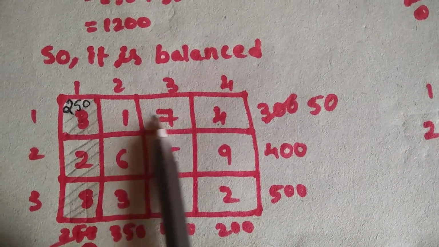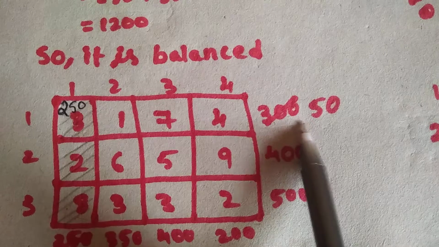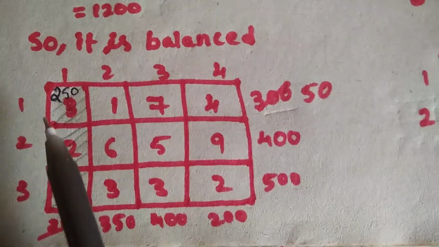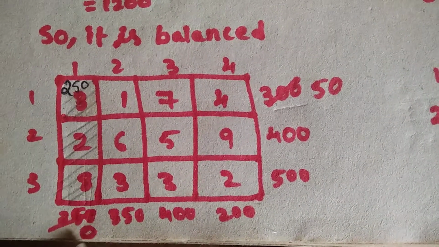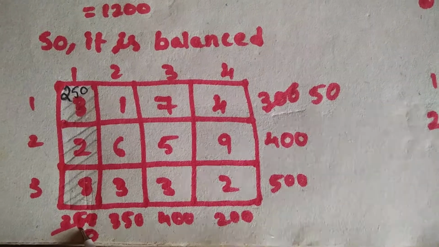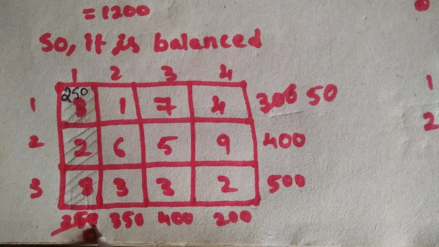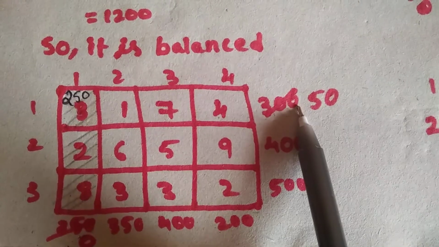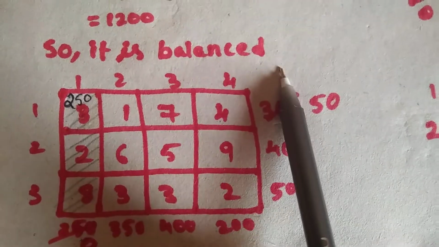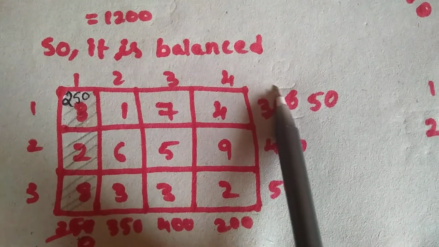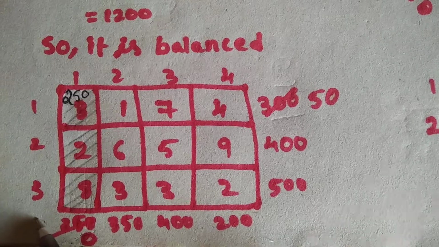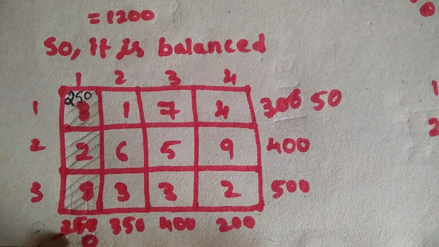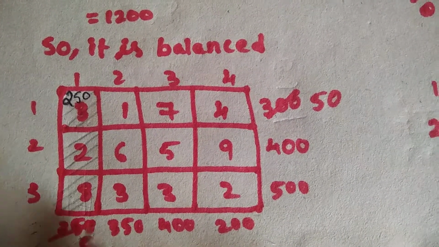This 3's row value is 300, and its column value is 250. That means the demand is 250 and supply is 300. Supply means the shop owner, and demand means the customer is demanding 250 chocolates.